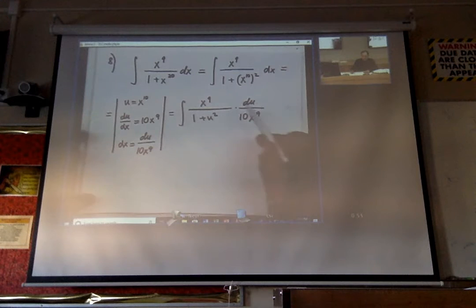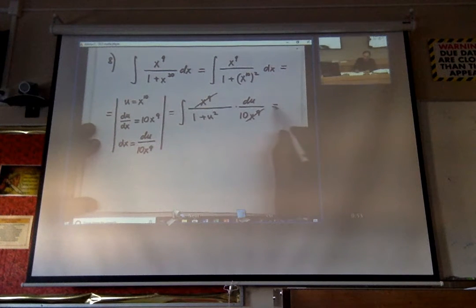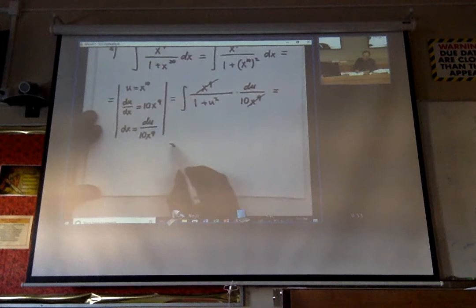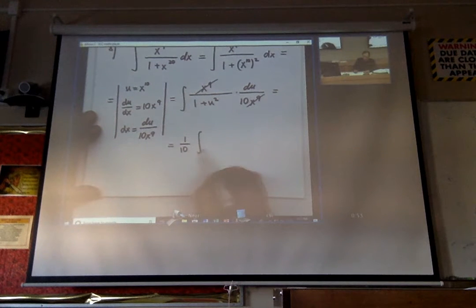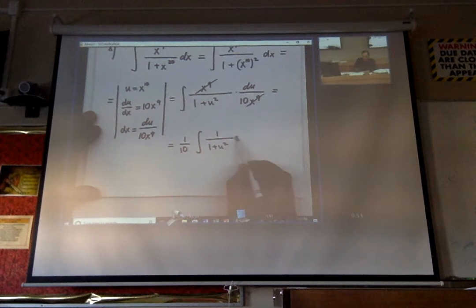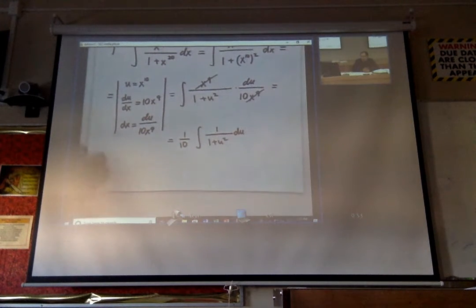So canceling these, that's the main goal. And then moving 1 over 10 outside, what do we have? We have 1 over 1 plus u squared du. And this one, if you go with antiderivative, it's your what? Inverse tangent. You have to recognize this.